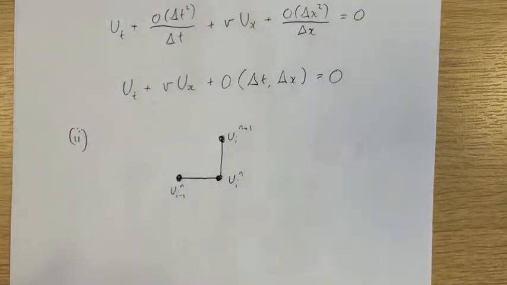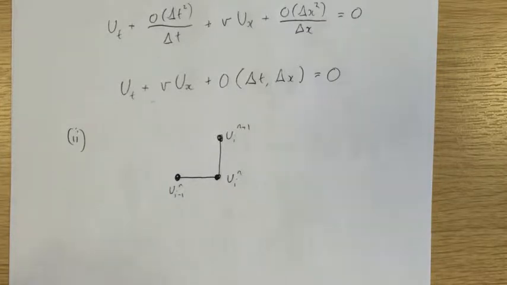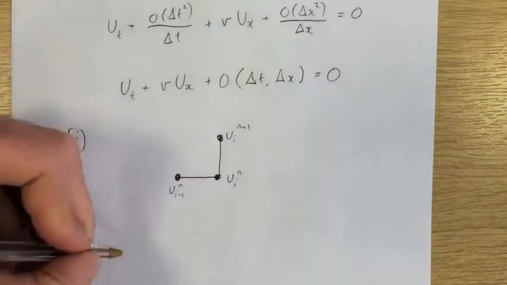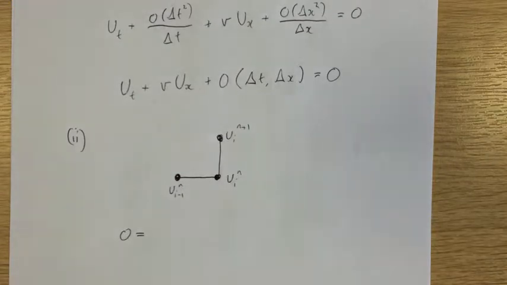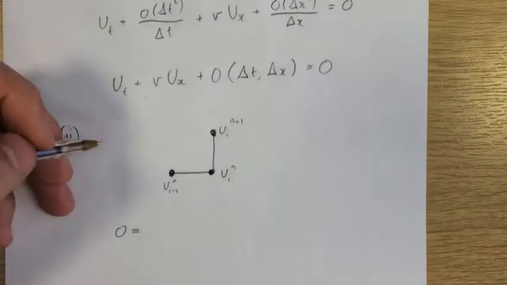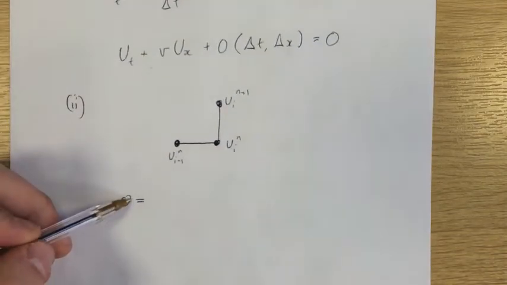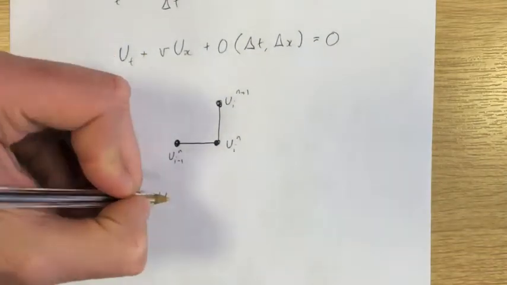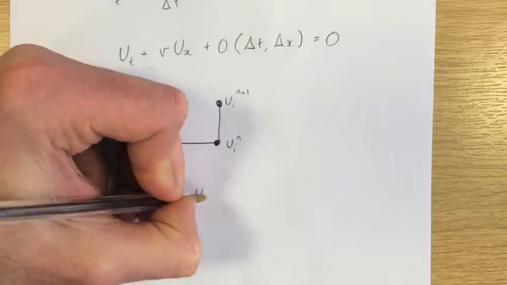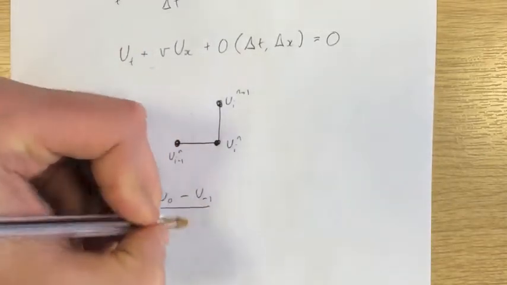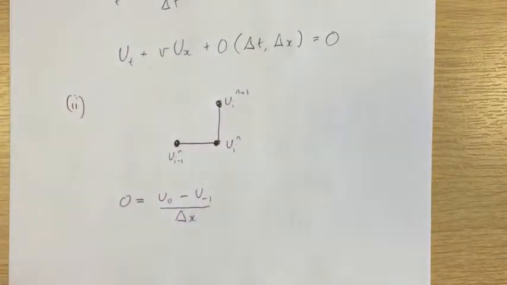Okay, calculate first order accurate ghost values. Now, because it's backwards, we only need a ghost value for the left term. So if we're using zero gradient boundary conditions, and we're also going to be using a backwards difference, so zero gradient, I'm going to have u0 minus u for the ghost node all over delta x.